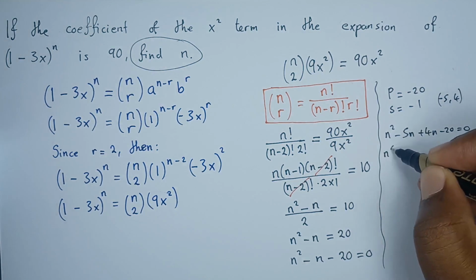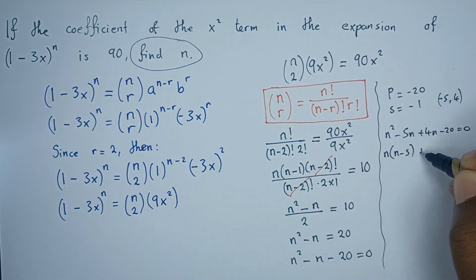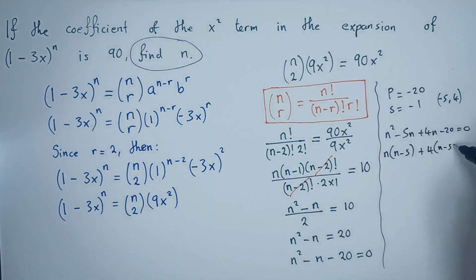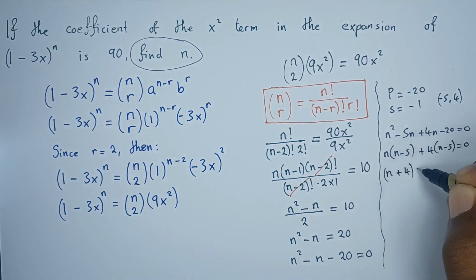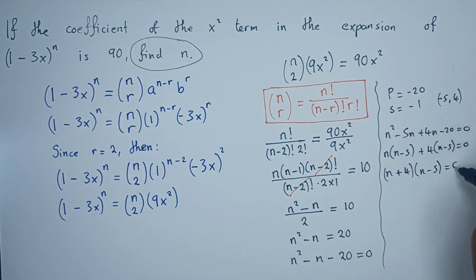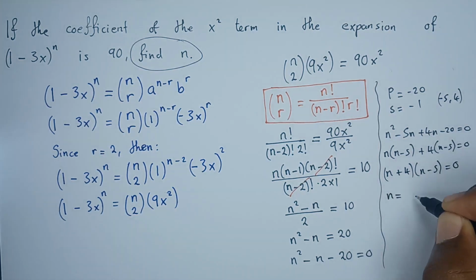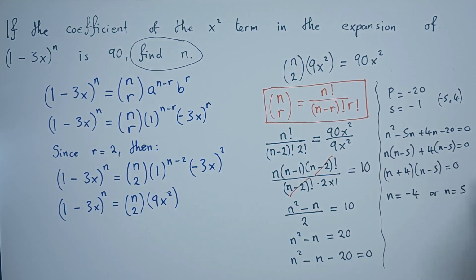Then n(n minus 5) plus 4(n minus 5) is equal to 0. So (n plus 4)(n minus 5) is equal to 0. Hence n is negative 4 or n is 5. So these are our solutions for the value of n.